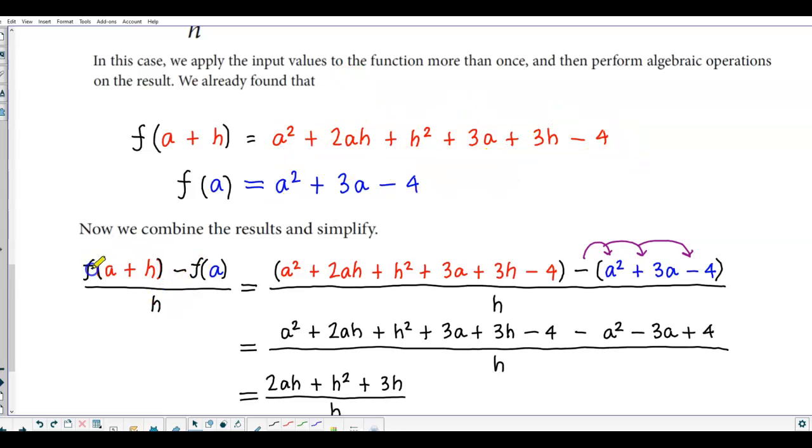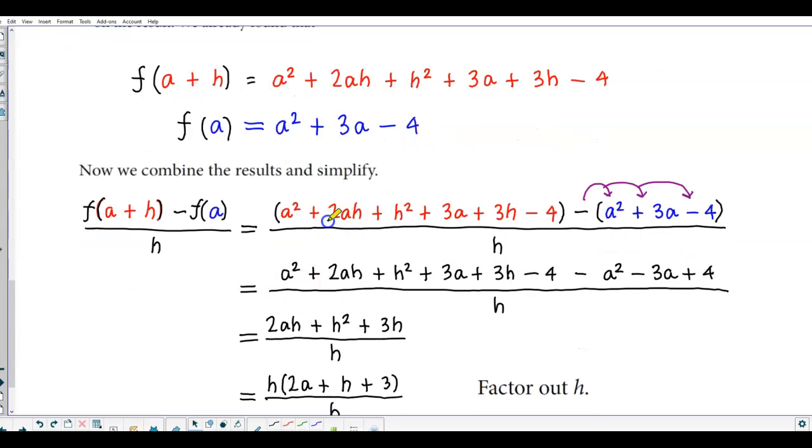And so instead of writing this now, we're going to write that in a group as a squared plus 2ah plus h squared plus 3a plus 3h minus 4. And then we're going to subtract what we have for f of a. Well, f of a is equal to a squared plus 3a minus 4, and then we're dividing the entire thing by h. Okay, now the next step is to then simplify.